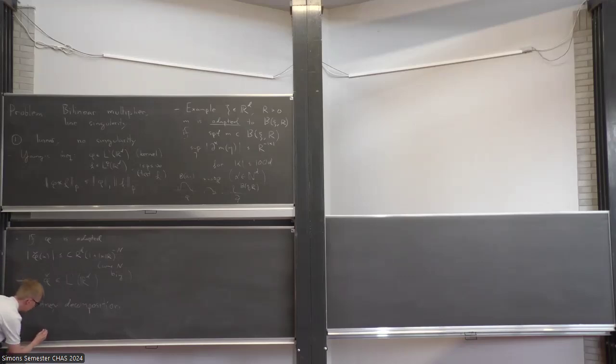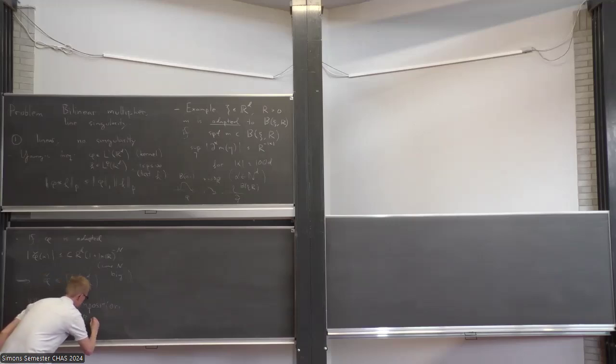So okay, I just write here the schematic picture. It looks like this. So these are the balls that satisfy the property that the diameter of B is roughly the distance to, say, the origin. If this point here is the origin, then I want the family of these balls to cover.